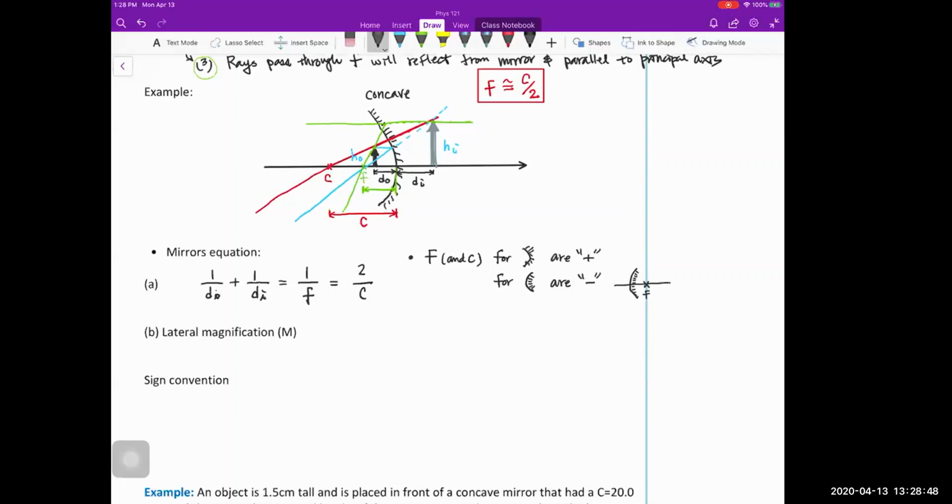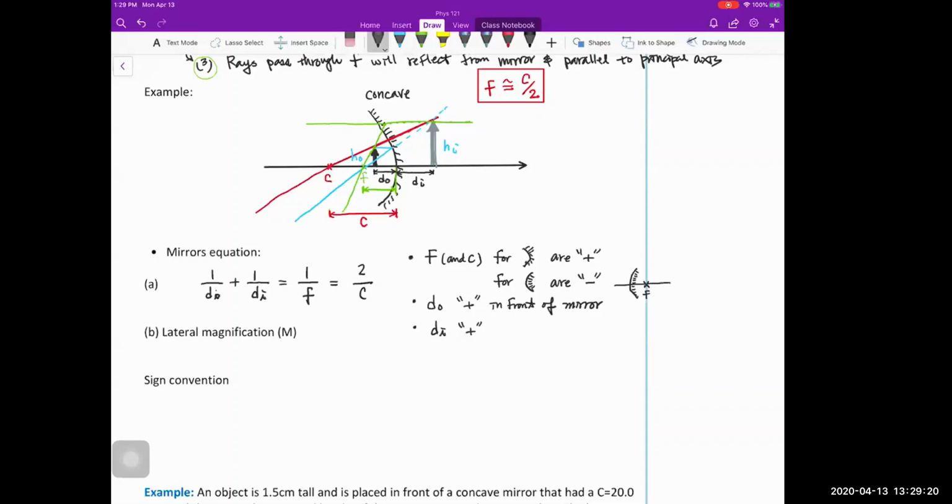Another sign that is important for the equation is the DO. DO is going to be positive because it's in front of the mirror. Now the DI could be positive or negative.